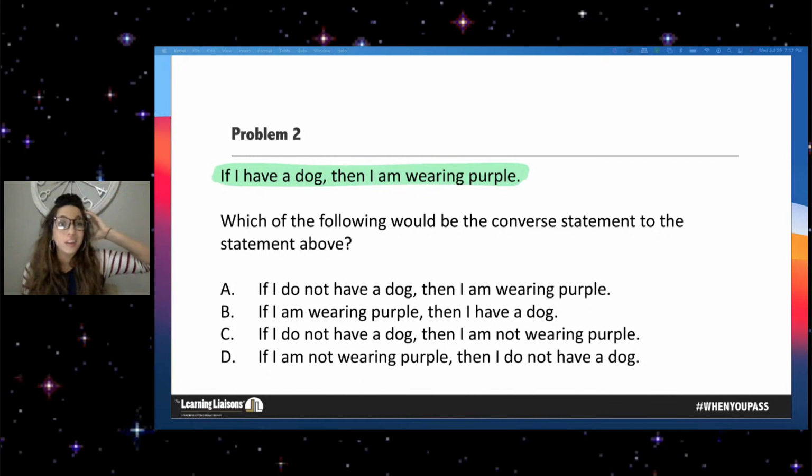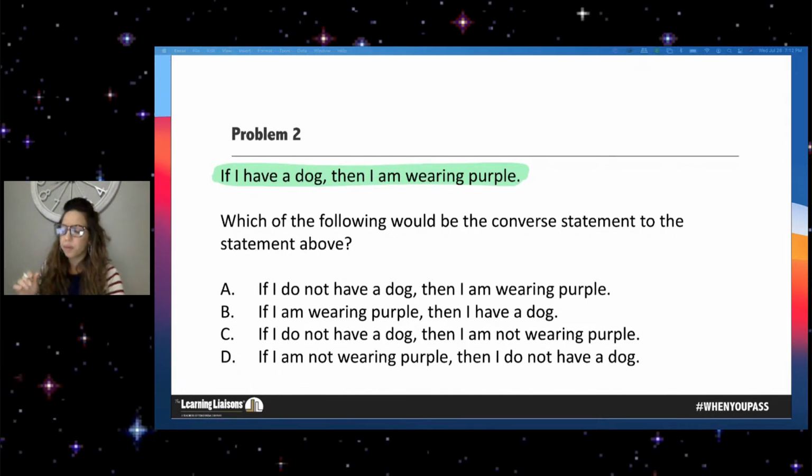You're using your normal brain, as I like to say it, your brain that tells you what makes sense, and we don't want to do that. We want to understand what inductive and deductive reasoning is, and we want to understand what contrapositive, converse, and inverse mean in the context of these problems. If I have a dog, then I'm wearing purple? Probably not true, but we're going to move forward with it anyways.